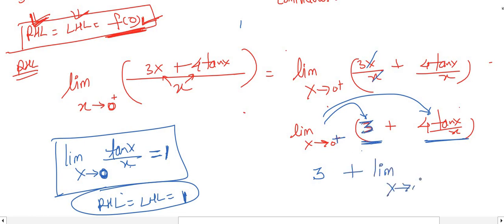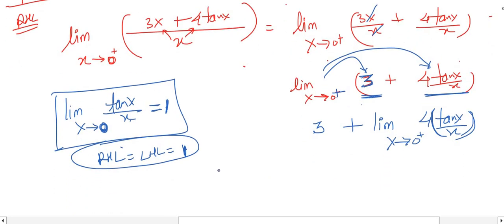Plus limit x tending to 0 plus of 4 tan x by x. And what is the value of tan x by x at 0? Is it 1 only by this formula? Yes. So it will be 3 plus 4 into 1, which is 7.